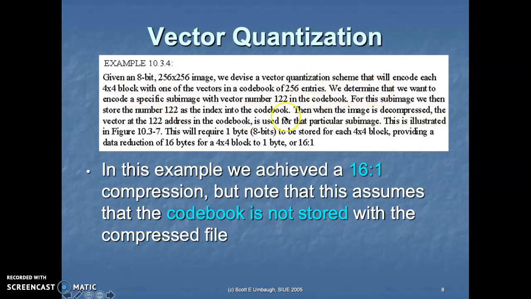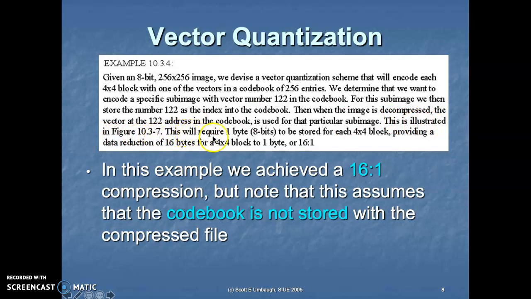We determine that we want to encode a specific sub-image with number 122 in the code book. For this sub-image, we then store the number 122 as the index into the code book. Then when the image is decompressed, the vector at address 122 in the code book is used for that particular sub-image. This is illustrated in the next figure.